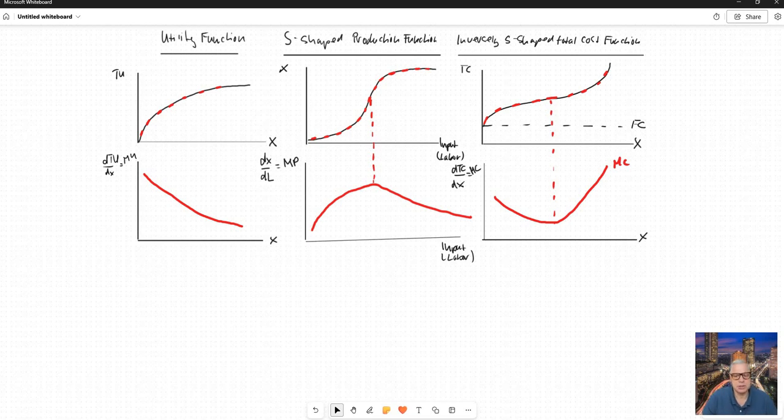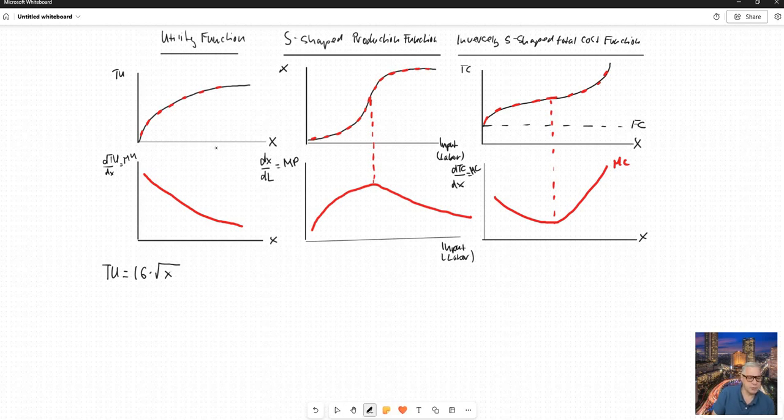Okay, so let's continue with this example, and I zoomed out a little bit. So what I want to do next is I want to stylize, or come up with some functions that represent those stylized behaviors. So for the total utility function, an example would be total utility equals 16 times the square root of x.